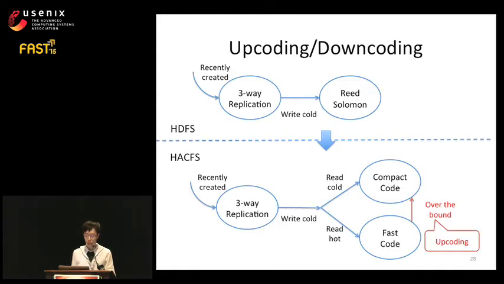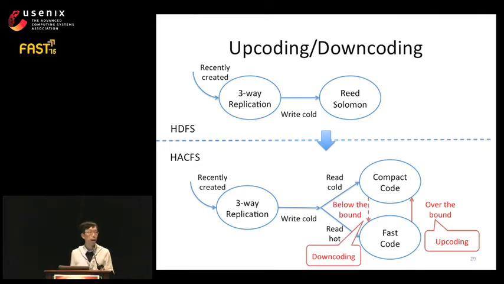When the system is over the bound, we develop a new coding method called upcoding to bring some files that have been previously coded with the fast code to the compact code. In this sense, HACFS first lists all the files that are coded with the fast code, and then the system will upcode these files to the compact code in LRU order. We named this operation upcoding because it's getting the recovery cost up.